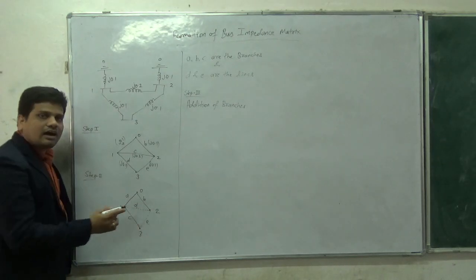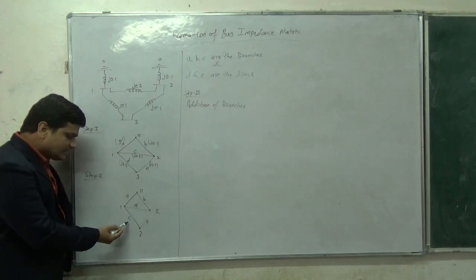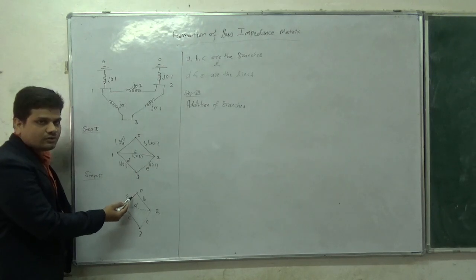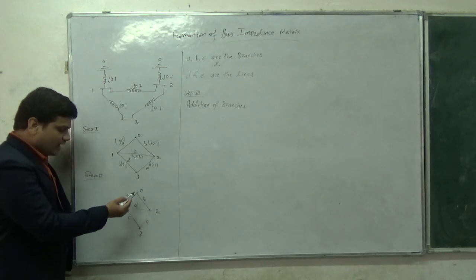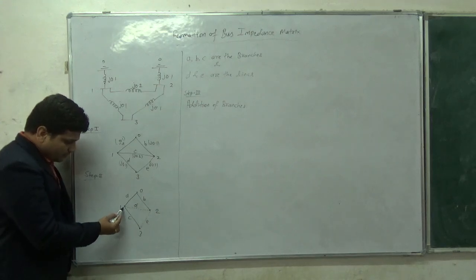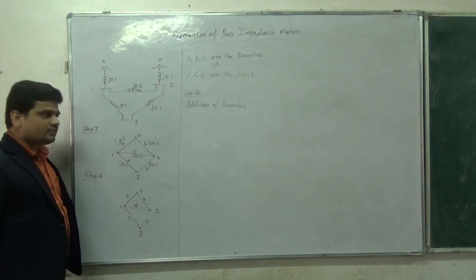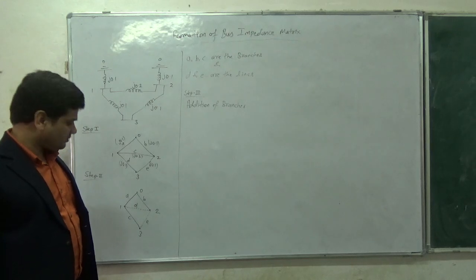A and B are those branches which are directly connected to the reference node 0, but branch C is not connected to the reference node. It is connected between bus number 1 and bus number 3.